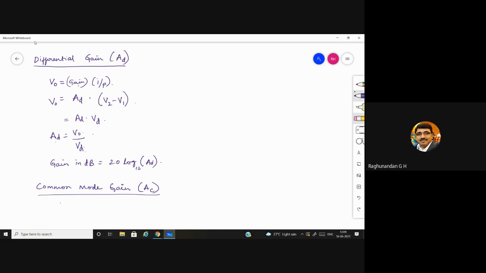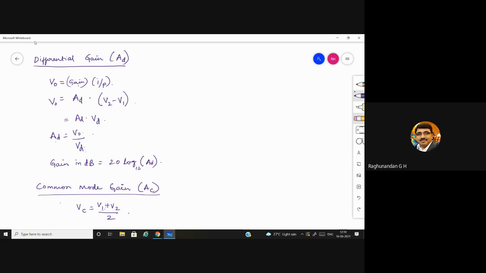That is the extra signal getting added up, the extra gain and extra voltage. So VC, the common mode voltage, is given as (V1 plus V2) by 2. Whatever voltage is applied along with V1, and whatever extra voltage is applied along with V2, is taken and divided by 2. The average of the two gives you the common mode voltage.